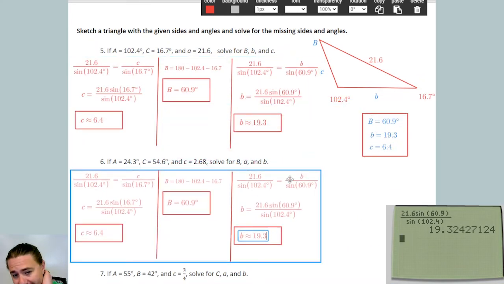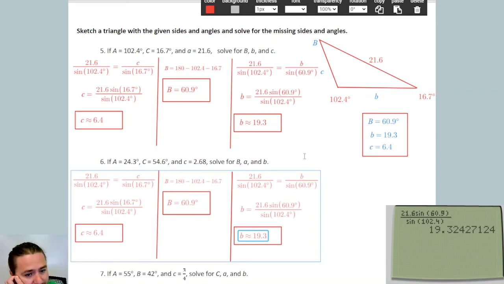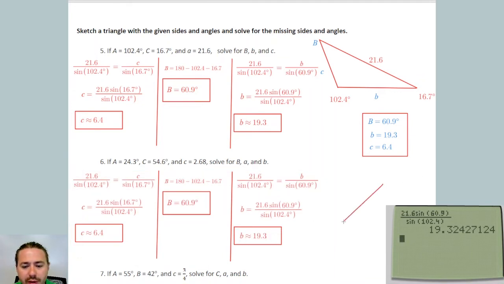So let's see what they say. They say angle A is 24.3, angle C is 54.6. So that would mean angle B would have to be obtuse. So our triangle is going to look something more like this. This is just an estimate, not super accurate.